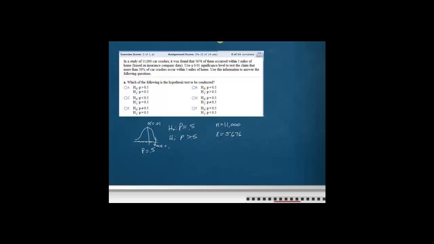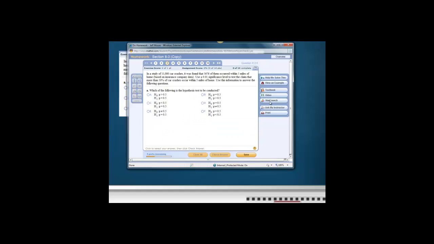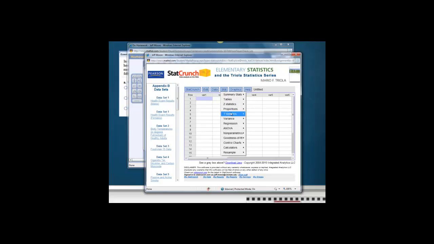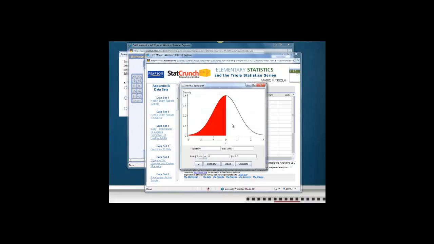And we can get this critical value from StatCrunch. So we'll push StatCrunch, Stat, Calculators, Normal. Now, we want a right tail test, so we're going to find a critical value. We're going to put greater than or equal to, and make this 0.01 as specified in the problem. This gives us a z value of 2.33 if we round to 2 decimal places.